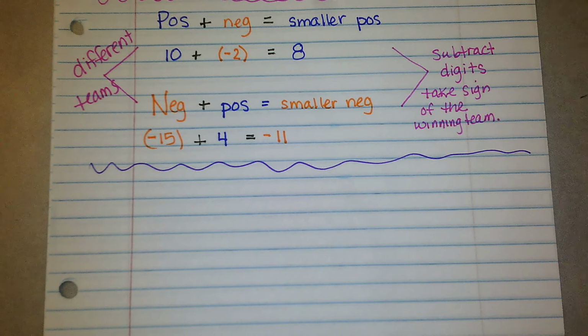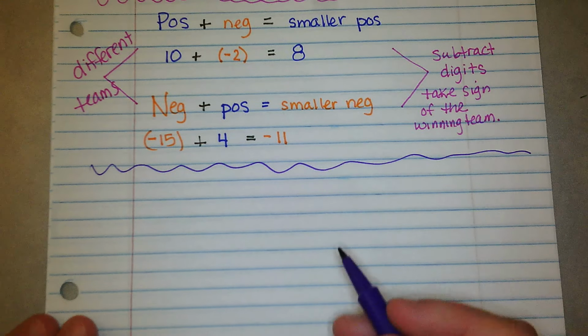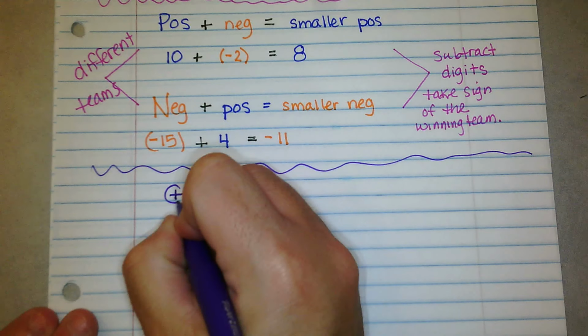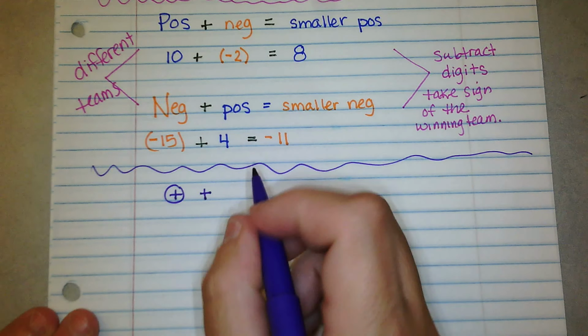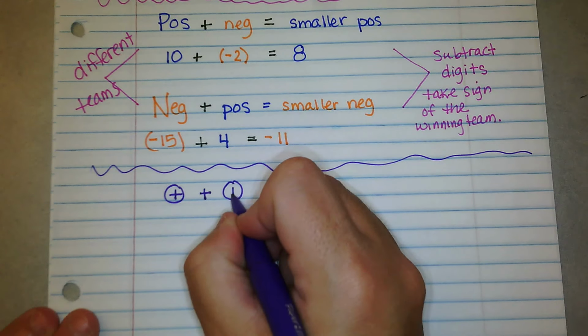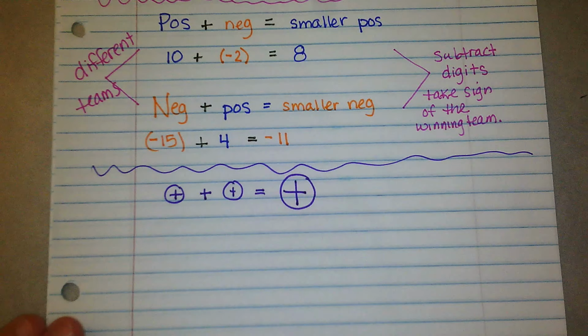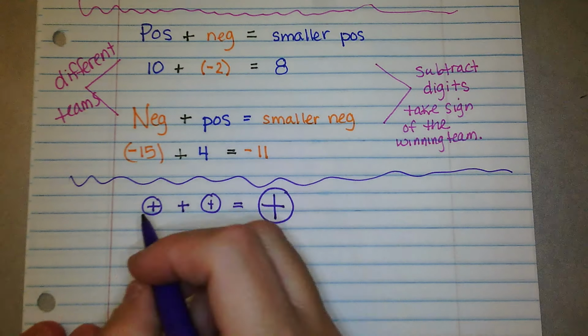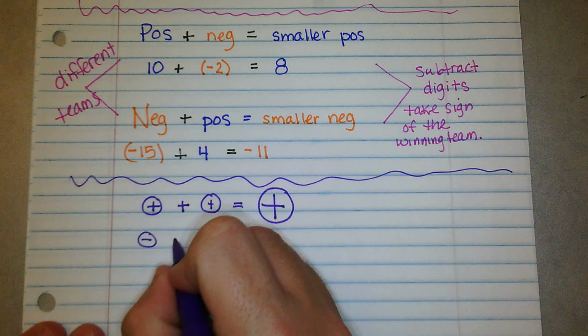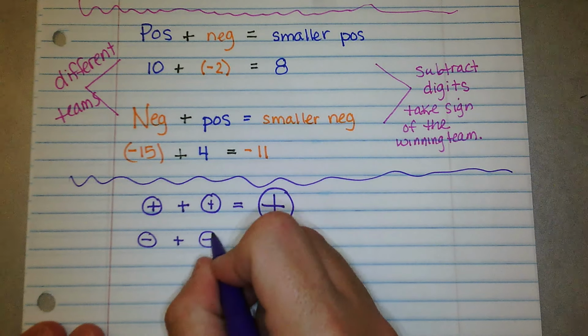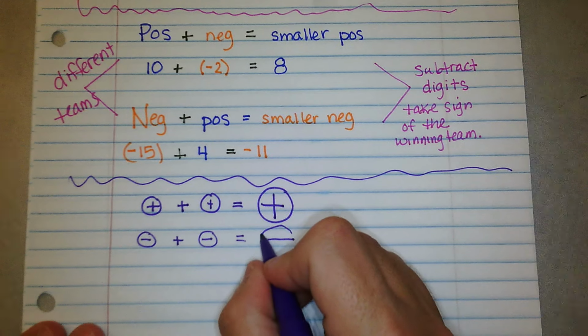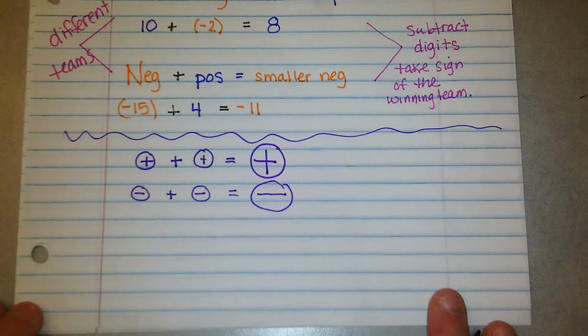Here's the finale, your summarizer. If I have a positive plus a positive, I'm going to get a bigger positive. If I have a negative plus a negative, I'm going to get a bigger negative. Wow, look at that.